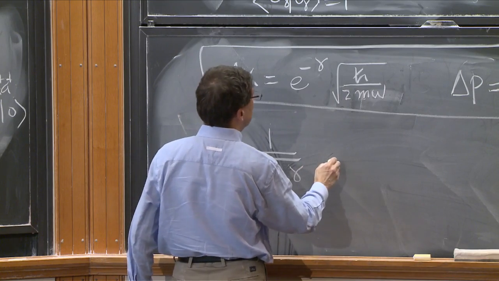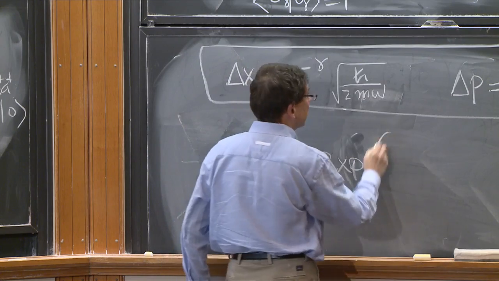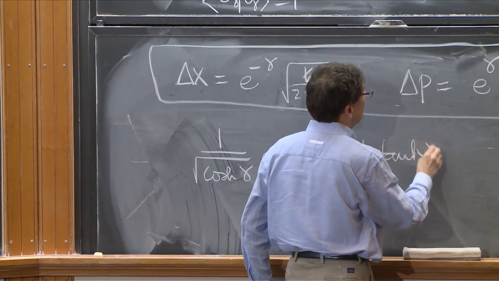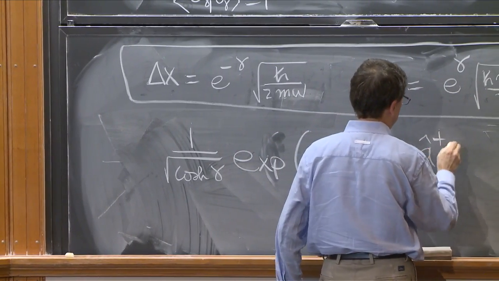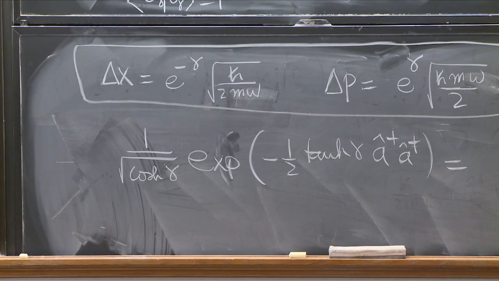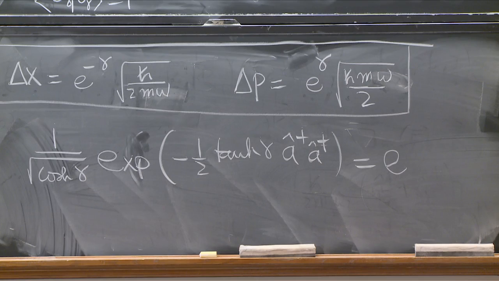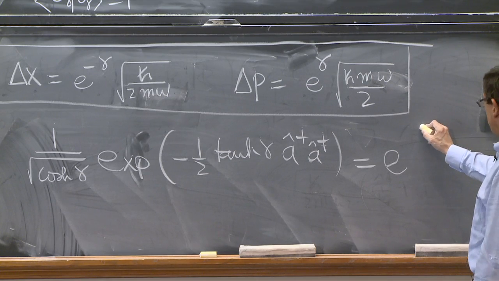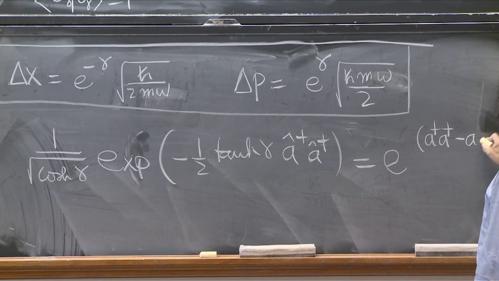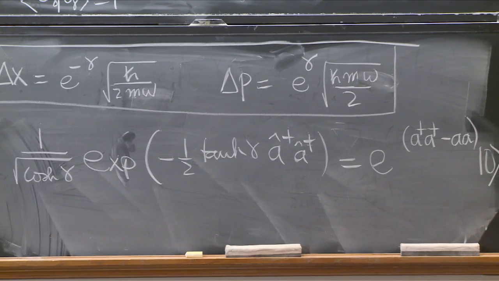Cosh gamma, e to the exponential of minus 1/2 tanh gamma a dagger, should be something like an e to the what? Should be something like e to the a dagger minus a acting on the vacuum.